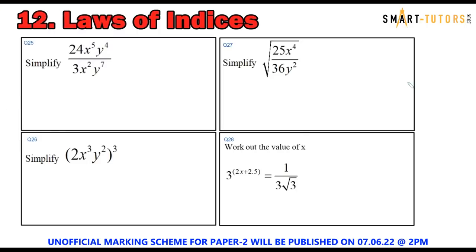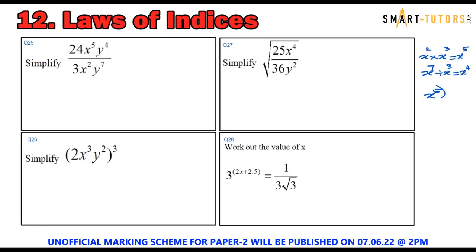Topic number 12, laws of indices. In this topic, you need to be familiar with the power laws, which is when bases are the same and you are multiplying, powers need to be added together. When the bases are the same and dividing, the powers are subtracted, here 7 take away 3 is 4.